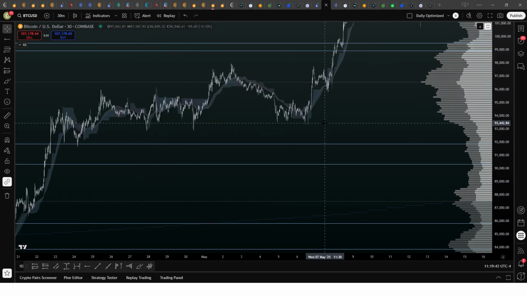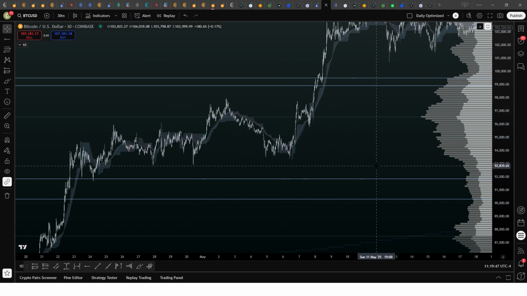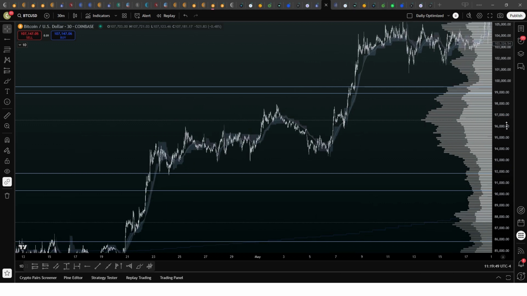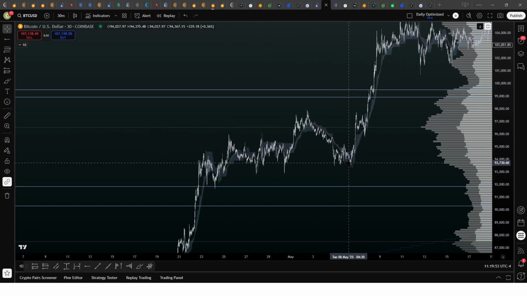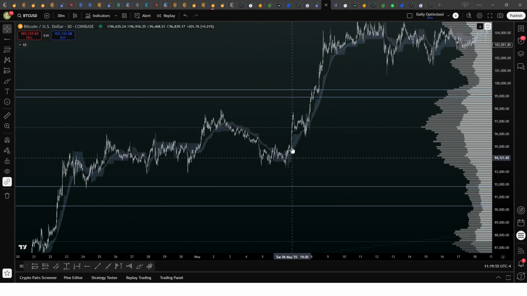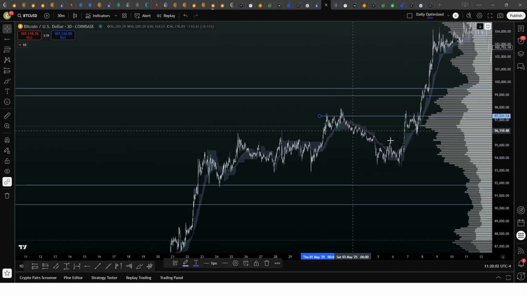So let's see this. All right. The 30, this isn't really that clean of a level. But you could say something like, okay, reclaim the 30. Okay, you'd lose it again here, but then this really becomes your range highs, I think. Multiple tests.